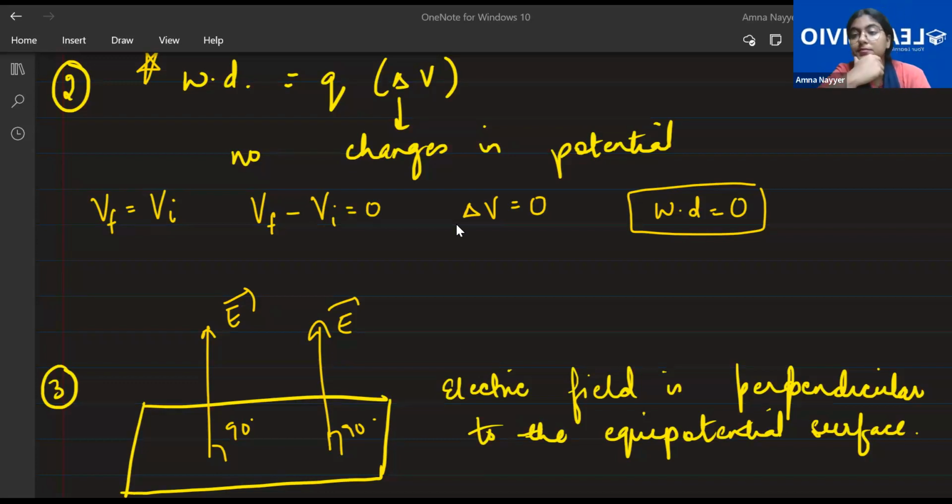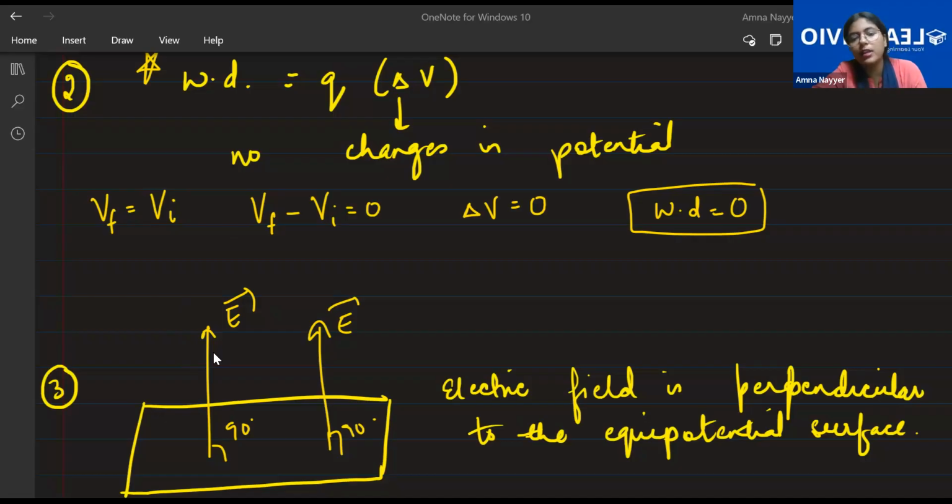Yes. Here, why is the electric field always perpendicular? See, we have studied electric field separately, and we have also studied electric field lines. This is basically the representation of the electric field.